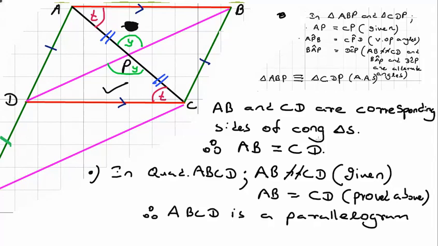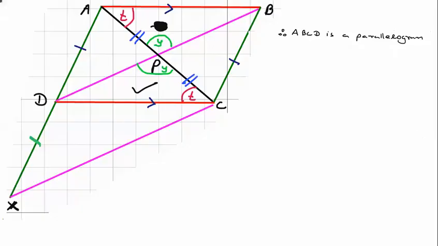Got it? All right, let's go further. All right, so now we have proved ABCD is a parallelogram. So let's mark the things related to the parallelogram in ABCD now. Let me use a different color pen to mark the things that I'm adding.